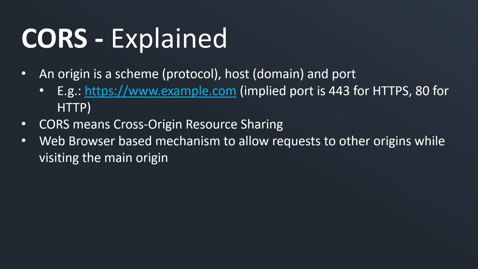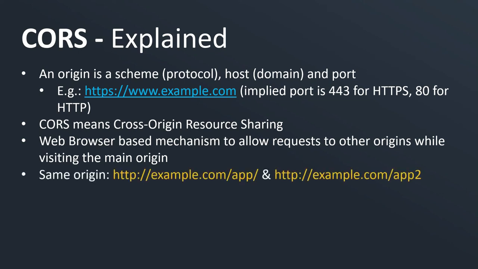So what is the same origin and what is a different origin? Well, for example, same origin is this, where you go on example.com/app1 or example.com/app2. This is the same origin. So we can make a request from the web browser from the first URL to the second URL because this is the same origin.